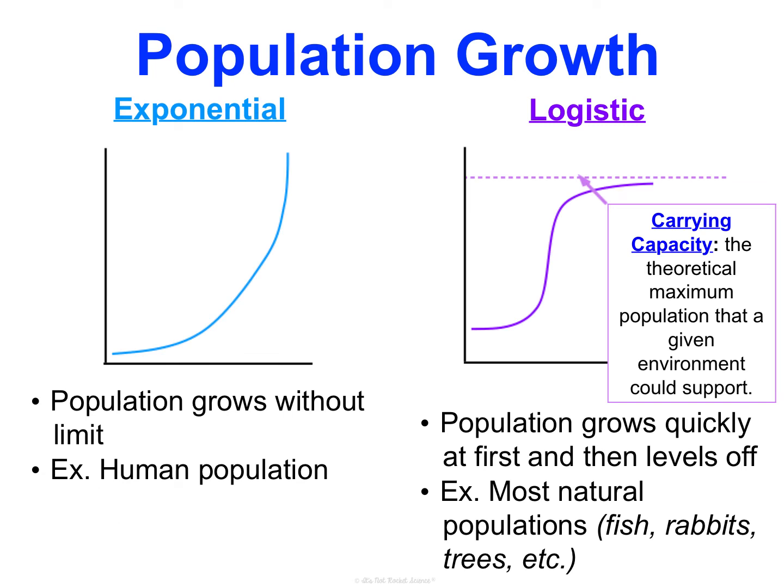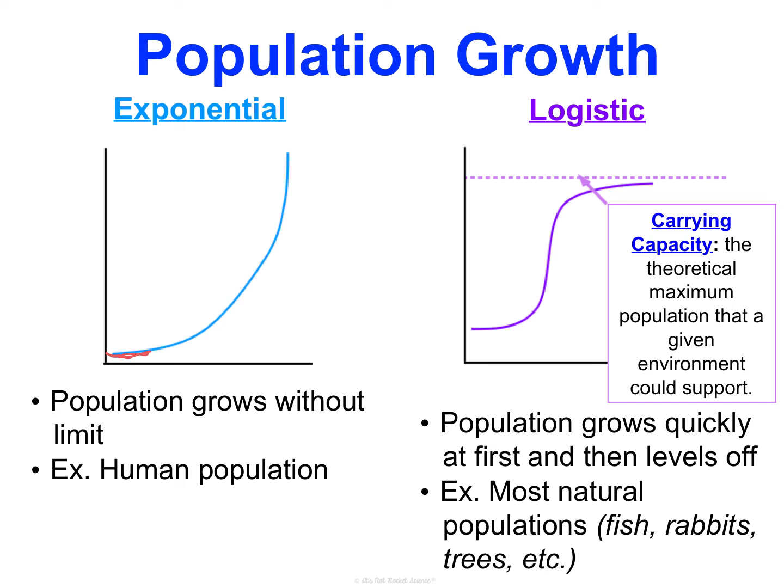Populations can also grow at 2 different rates. We call those exponential or logistic. So an exponential growth rate curve usually starts off just moving along here. We just have a very, very stable population, and then all of a sudden there's this big boom in distribution. So we can see humans here.